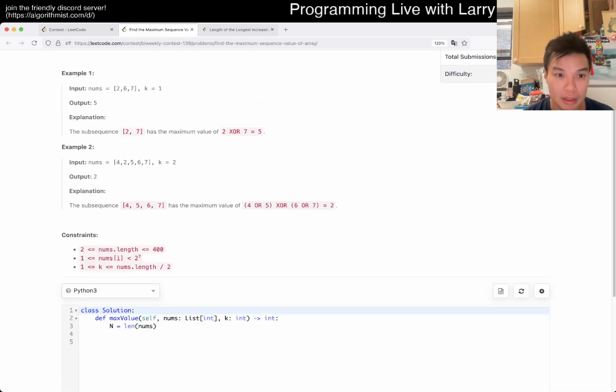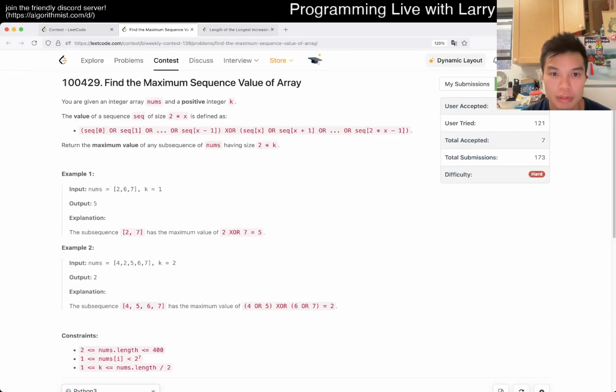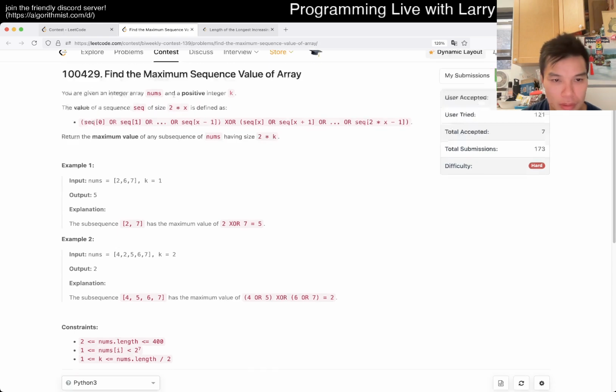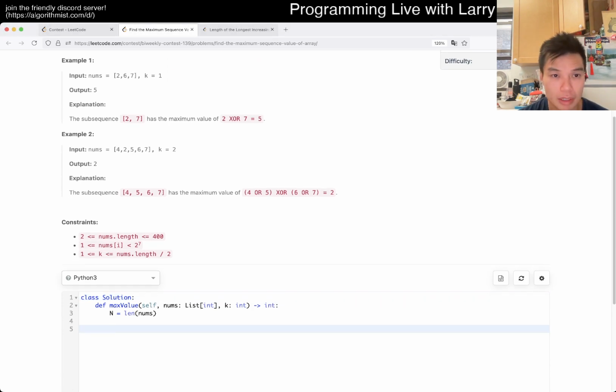Okay, maybe that means something. So that means that we want to... This is such a weird way of putting it. We just want half the numbers. Oh, okay. It's okay. K is, do DP on K.